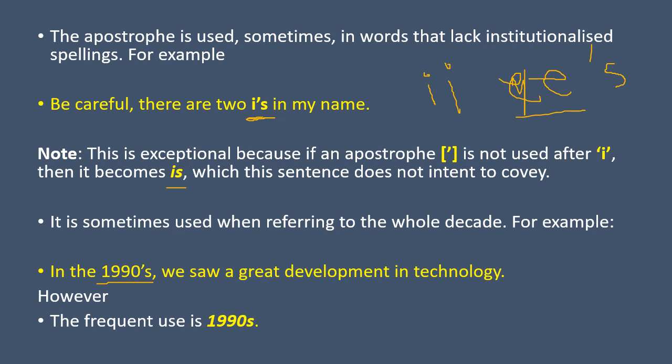However, the frequent use is 1990s. Even the apostrophe version is not preferred when you write an academic piece. Okay, so this one is absolutely fine. It does not make any confusion as this word does. So this is a confusing case, so that's why we use an apostrophe with I, but this is not a confusing case, so that's why it's just an s, which is okay. But if you use this one, it's okay too.